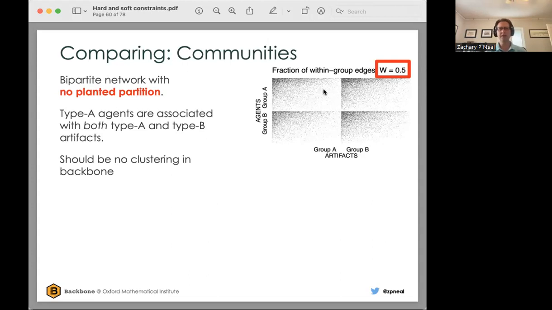So there's no tendency for group A agents to associate with one or the other. The same is true of group B. So agents in group B have the same probability of associating with group A artifacts as group B artifacts. We can quantify this by measuring the fraction of within group edges. So 0.5, 50% of the edges are within groups.